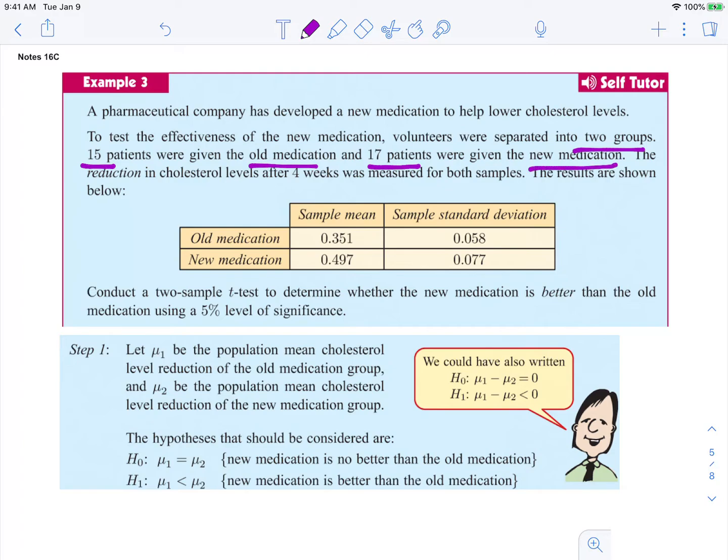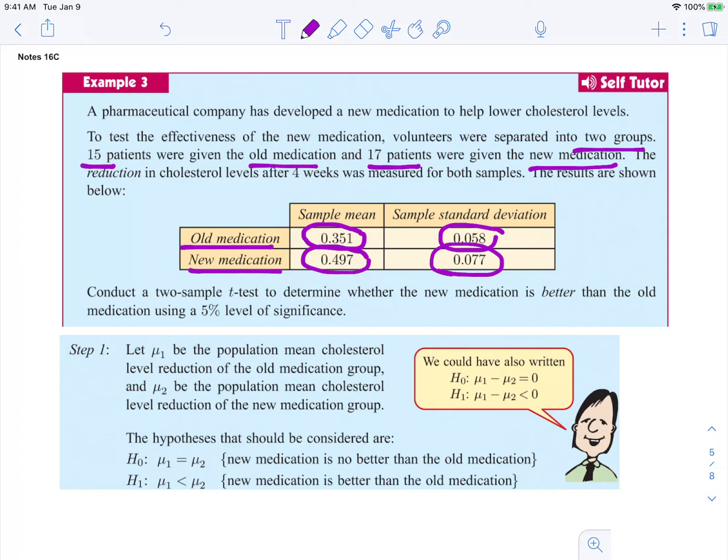The reduction in cholesterol levels after 4 weeks are measured for the two samples. So the first sample is the old medication of the 15 people. The average and the standard deviation are shown below. The new medication with the 17 patients, its mean and standard deviation are below.